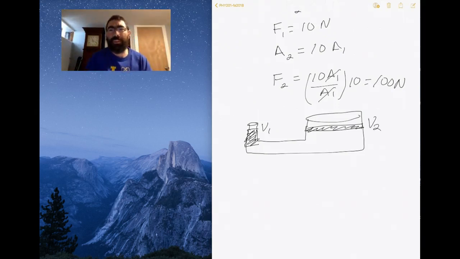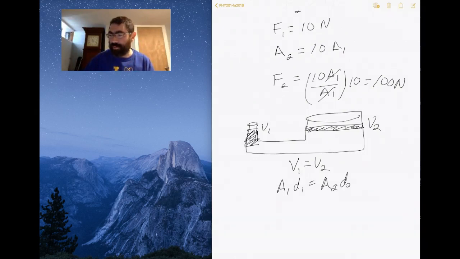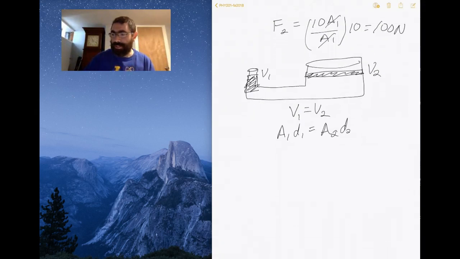So the displaced volume on the left has to be equal to the displaced volume on the right. So volume 1 is equal to volume 2, which is area 1 times distance 1, which is equal to area 2 times distance 2. And therefore distance 2, causing the displacement of fluid, is distance 1 times this ratio A1 divided by A2. So I basically divided both sides by A2.